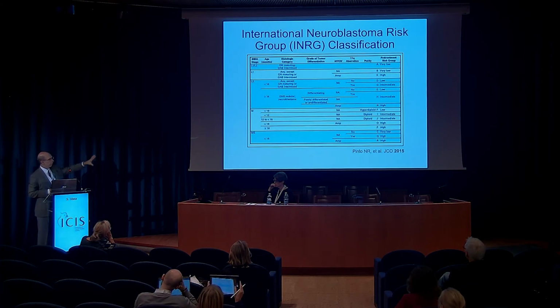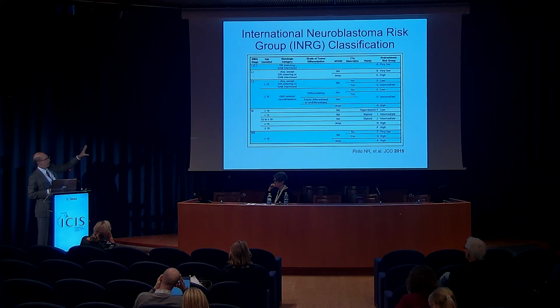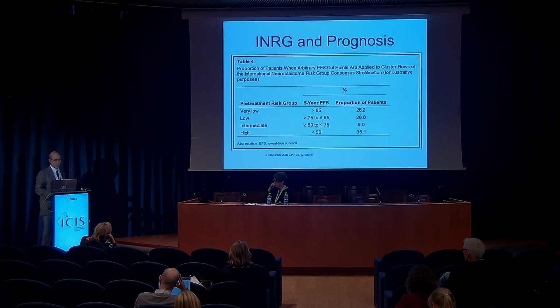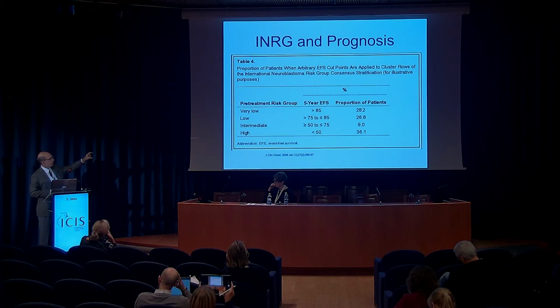I don't expect you to, it's all available online, but it allowed a much more granular pre-treatment risk assessment instead of the previous INSS staging system, which was important for identifying patients who had very, very low risk of recurrence once their primary tumors were treated or resected, and those who were at high risk, so that one could appropriately assign the treatments to the different risk groups. Why was that important? It's important because when we look back and began to assign patients to those different treatment strata, the patients basically broke out into different survival categories.